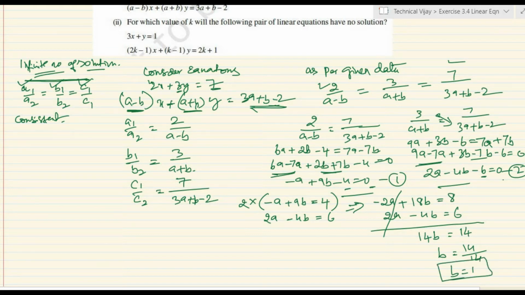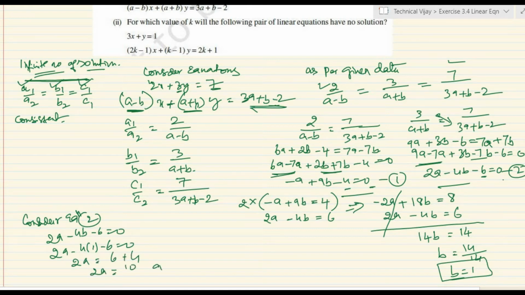Okay, so substitute this value in any of these equations. So consider equation 2, that is 2a minus 4b minus 6 equal to 0. So b value will substitute: 2a minus 4 into 1 minus 6 equal to 0. 2a is equal to 6 plus 4. 2a is equal to 10. a is equal to 10 divided by 2 is equal to 5.